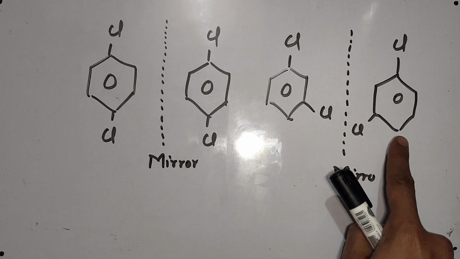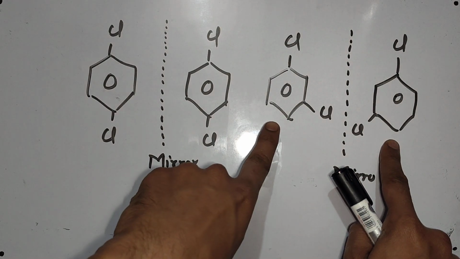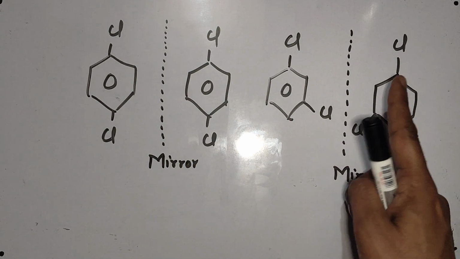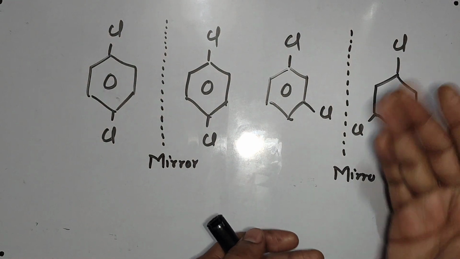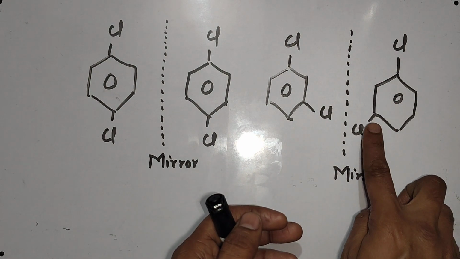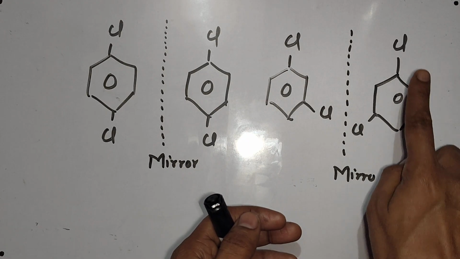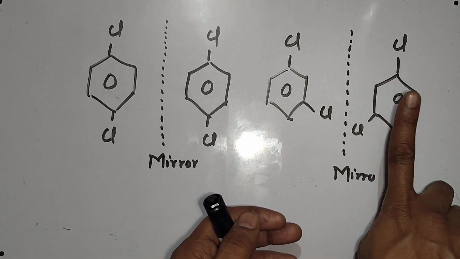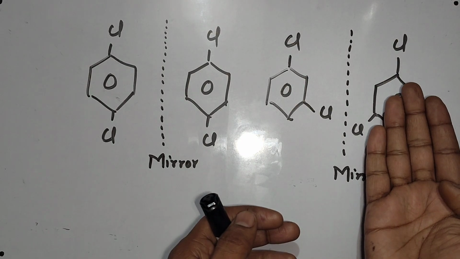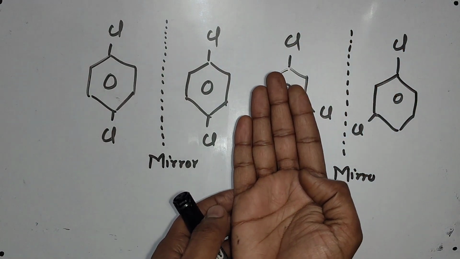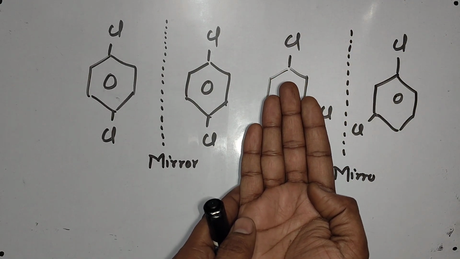To superimpose this mirror image on it, at least I have to rotate it 180 degrees. First, I will rotate it like this. After rotation, this chlorine will come here and this chlorine will remain as it is. After 180 degree rotation, then I can fit it on its mirror image.